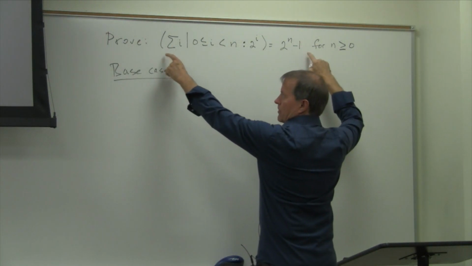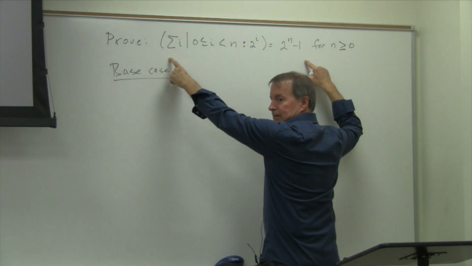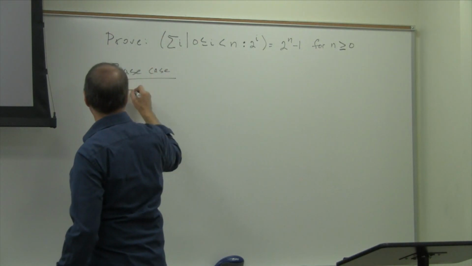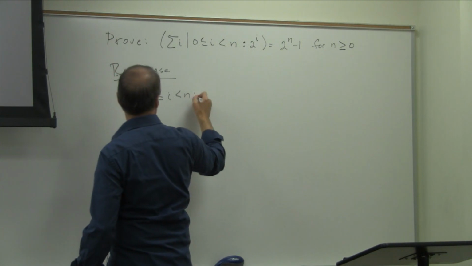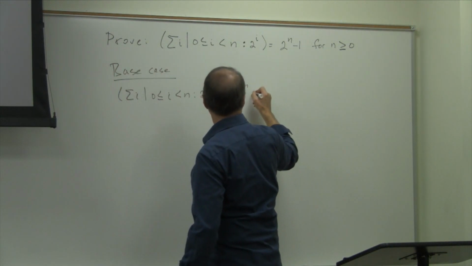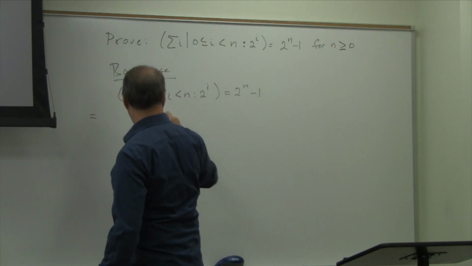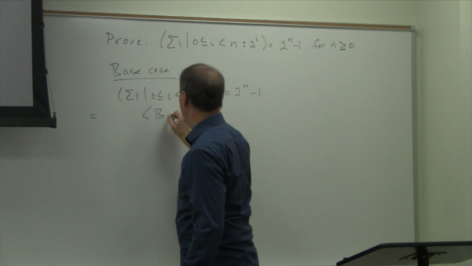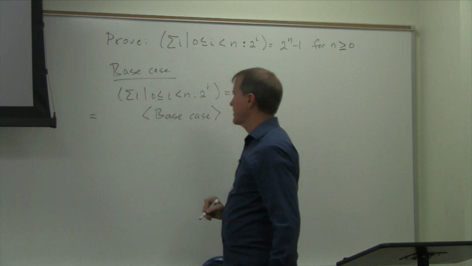So we start by writing down the whole thing: the sum on I, 0 less than or equal to I less than n, of 2 to the I equals 2 to the n minus 1. And then we say equals, by the base case.